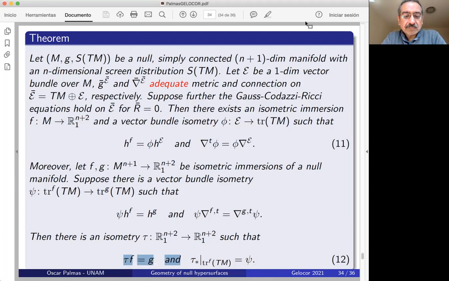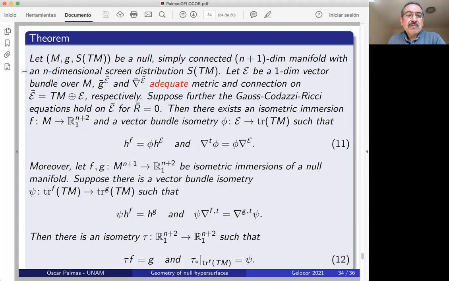This theorem, as said before, is for the case of zero constant curvature. We will try to extend this theorem in the future to all other cases of constant sectional curvature.